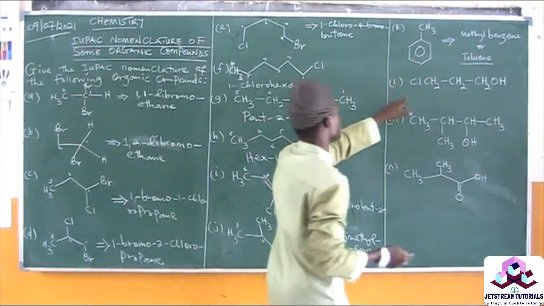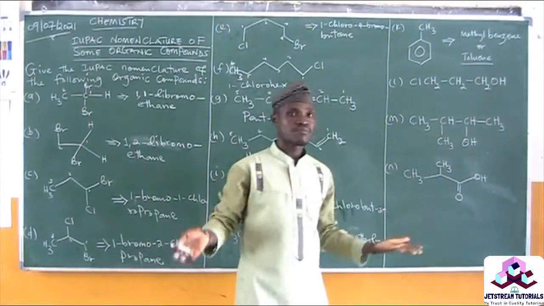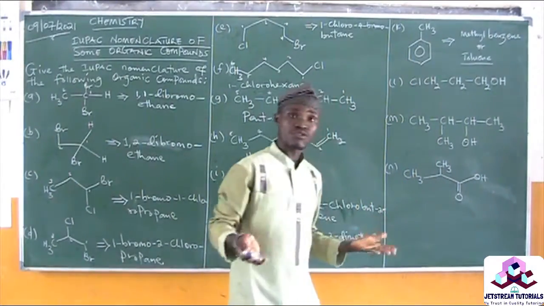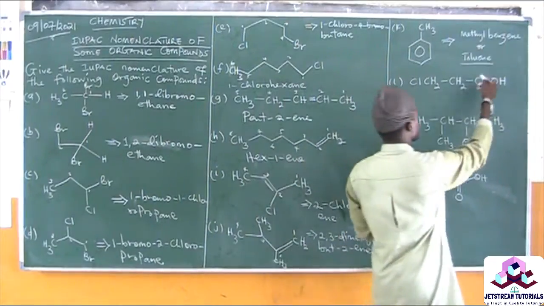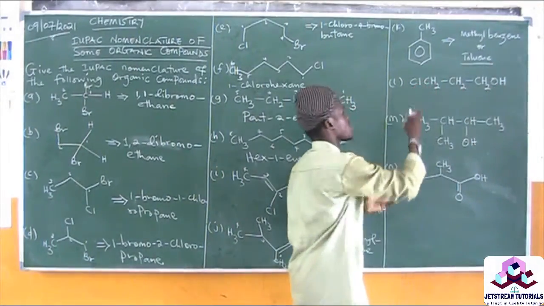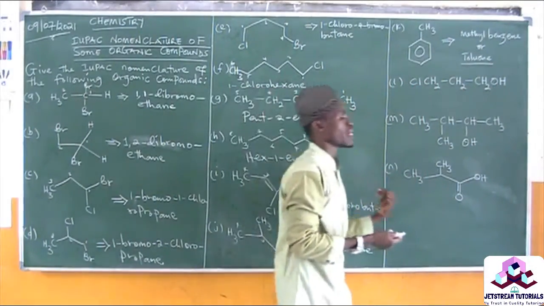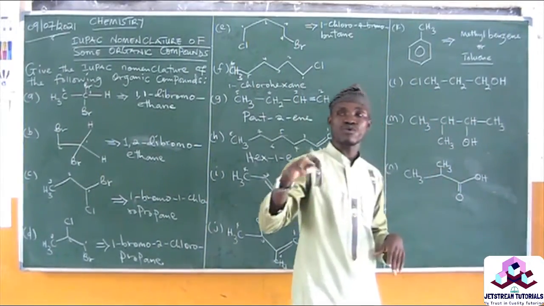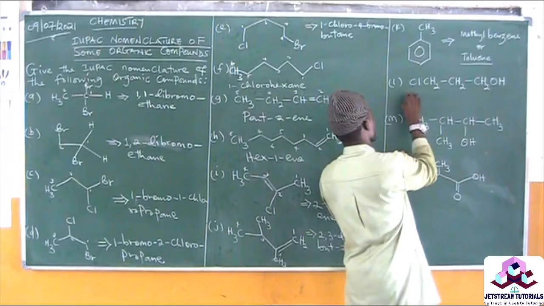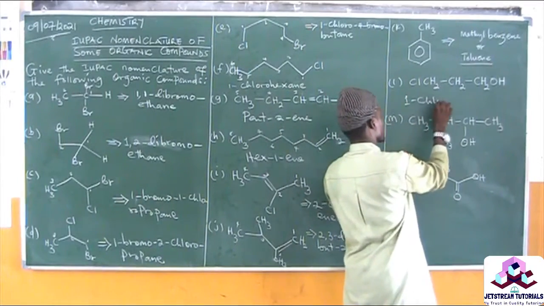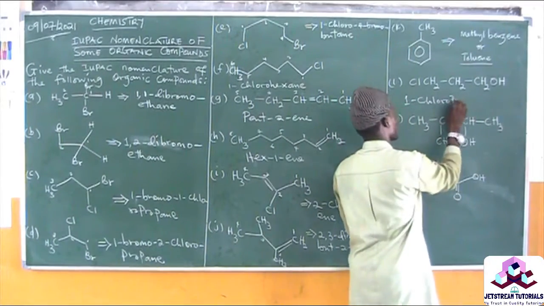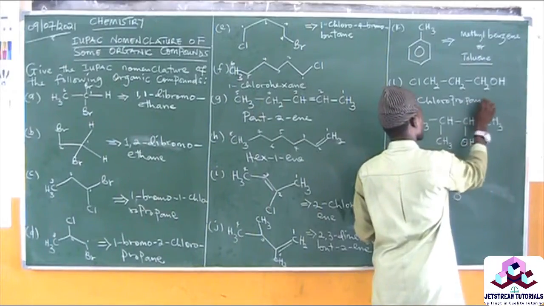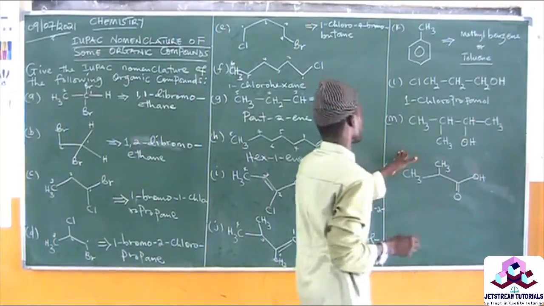So this is going to be 1-chloropropanol. Can that be 1-chloropropanol? Are we starting the numbering from here or from this side? We give preference to chlorine here. So this becomes 1-chloropropanol. Is that understood? Yes.